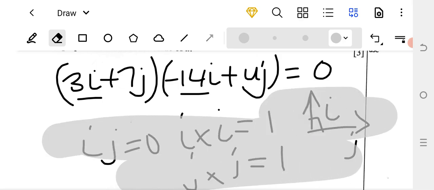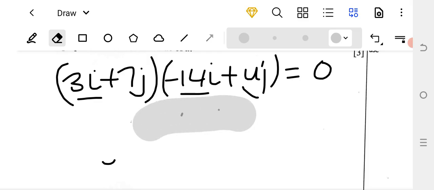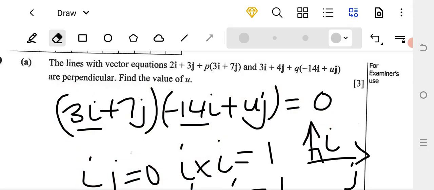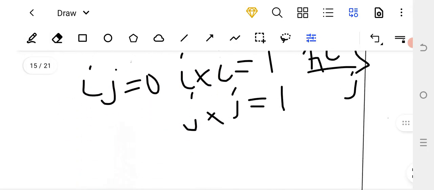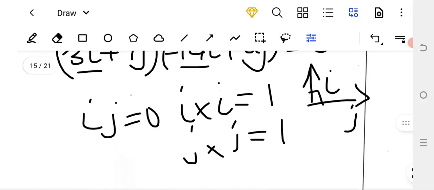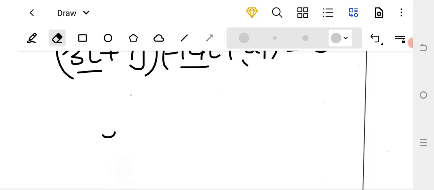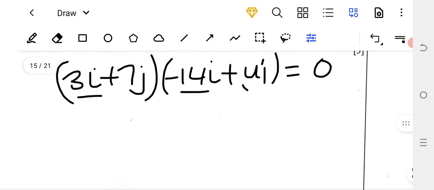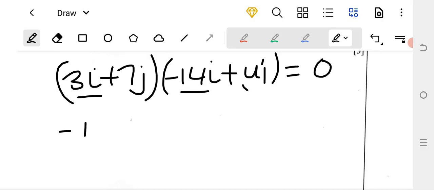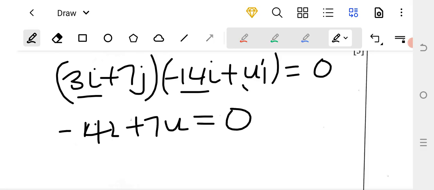So we are going to just clean up like that. Okay, I don't know why this has come back. I cleaned up and then it came back. So it's going to be negative 42 plus 7u is equal to 0.